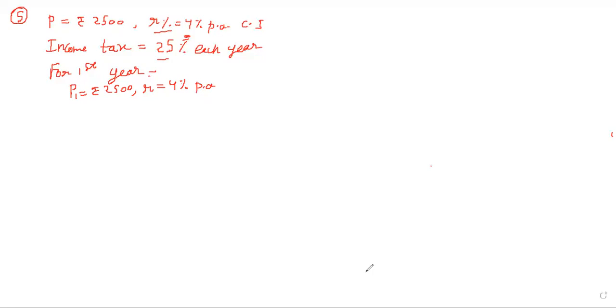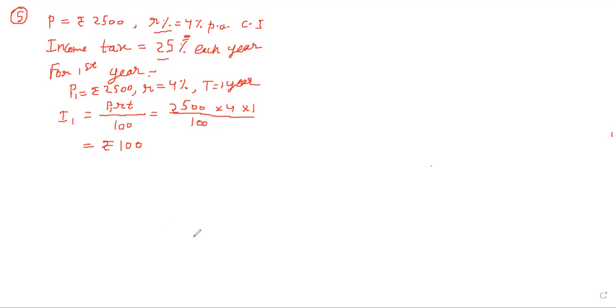We do not write per annum here, since time is always taken as 1 year to calculate the compound interest. So interest for the first year is P R T over 100, which is 2,500 times 4 times 1 over 100. These two zeros cancel out, and 25 times 4 is 100. So interest is rupees 100.